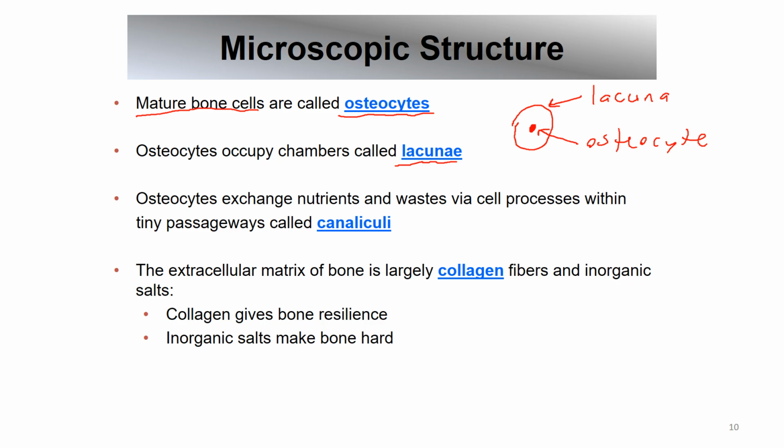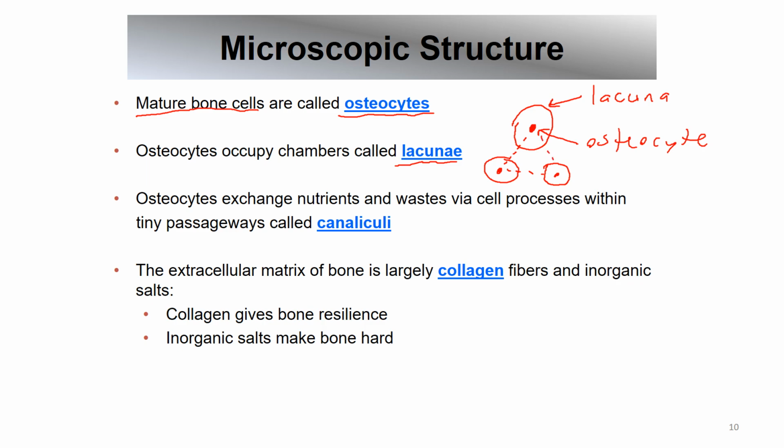Then osteocytes have these little roads, canals in between them. These are called canaliculi. So if I make another osteocyte here with the lacuna, and if I draw little lines in between, here, that would be a canaliculus. That's a singular word, and I could make another one.